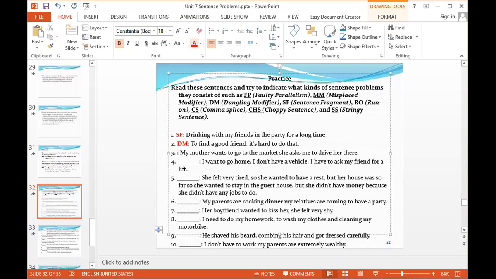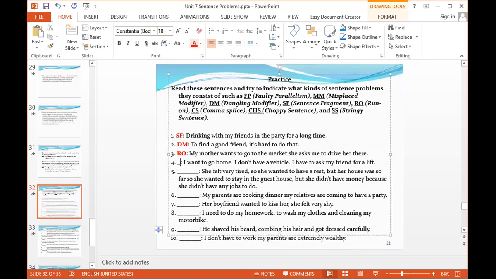Run on. Comma splice. My mother wants to go to the market. She asked me to drive her there. Comma splice. How about number 4? Choppy sentence. Yeah, choppy sentence.